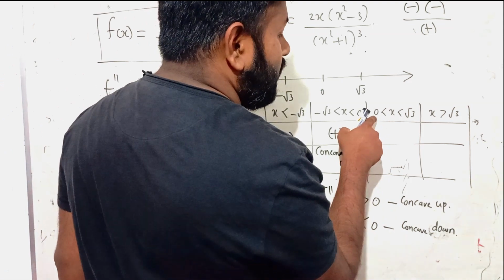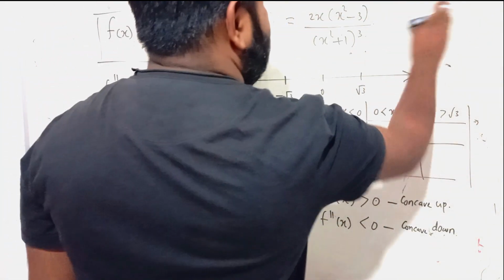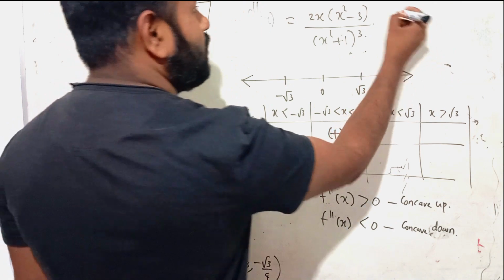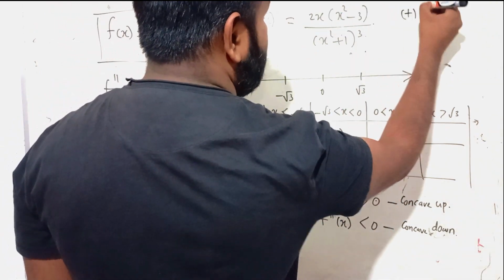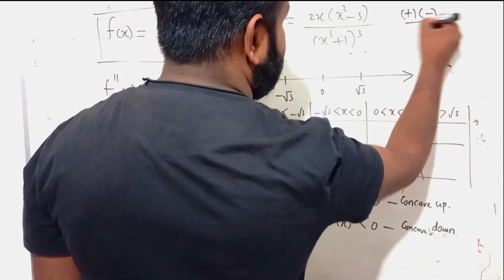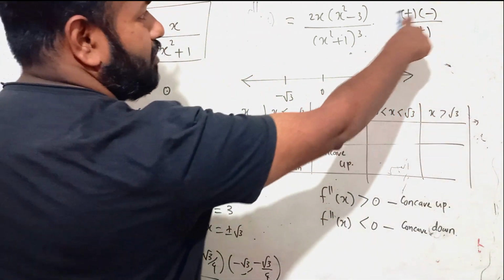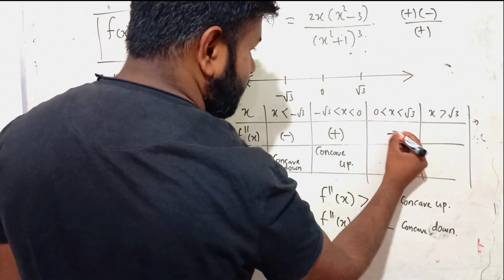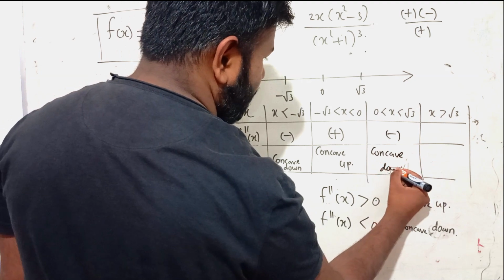So when x is in between 0 and root 3, take a number within that range, let's say 1. I'm going to substitute 1 here. It's going to be 2 into 1, positive. Substituting 1 here, 1 minus 3 is negative. 1 here, positive. So what about the sign? Positive into negative is negative, so it's concave down.